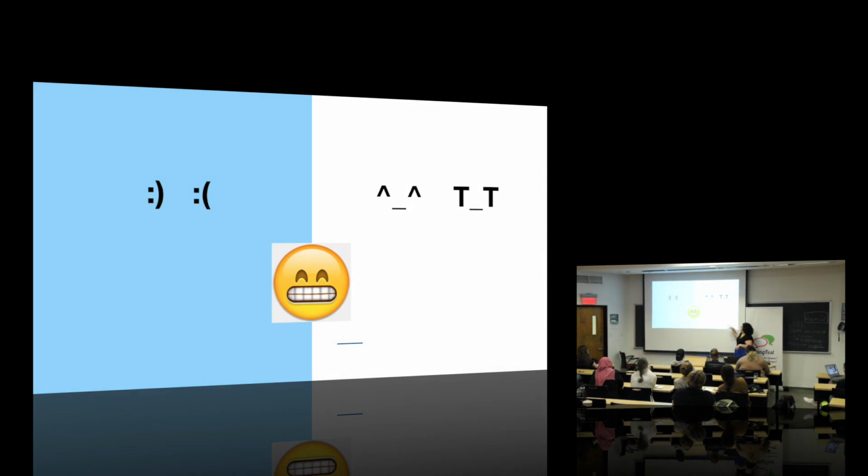Okay, in Japanese and languages that are influenced by manga and anime, you can keep the mouth the same and just change the eyes. And this is what creates the difference between happy and sad in this case. Either of these systems work fine.